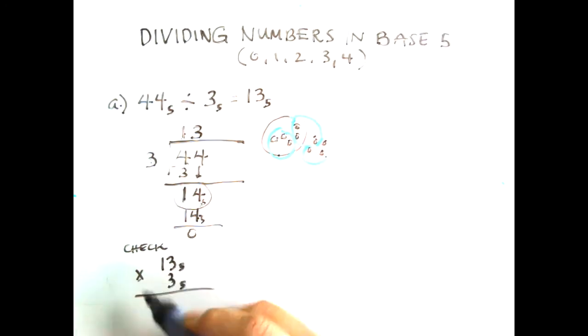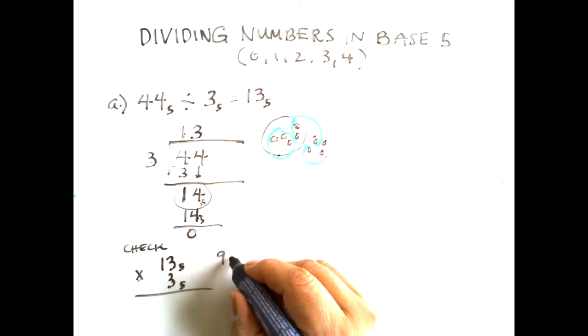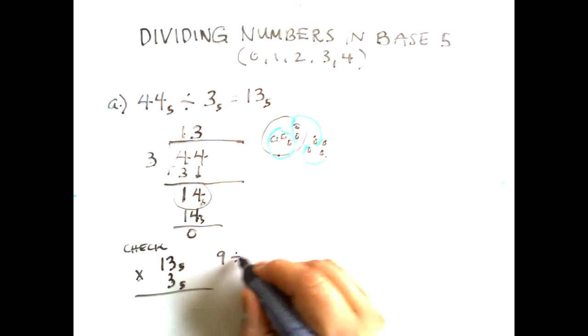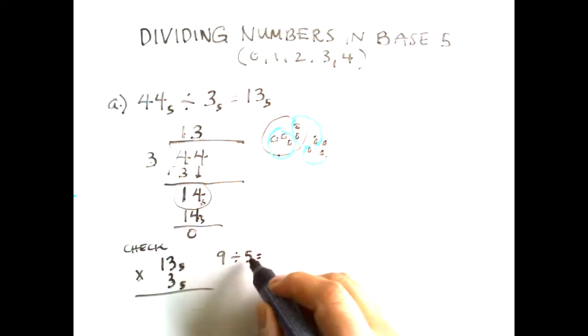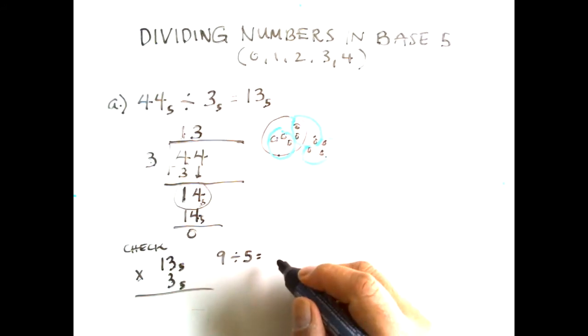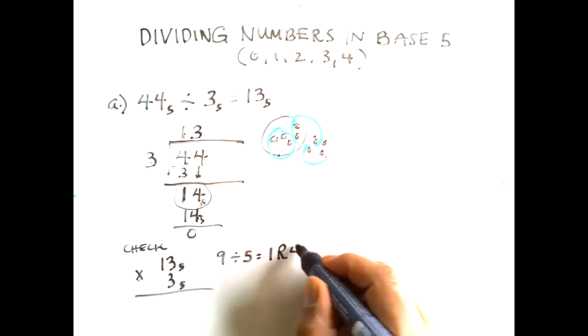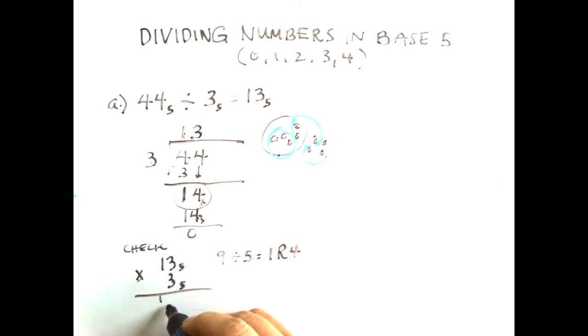Well, 9. How do we write 9 in base 5? We have to ask how many 5's go into 9. It will be one group of 5, remainder 4.